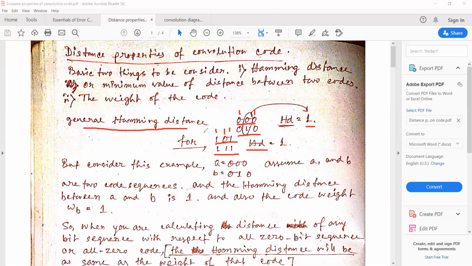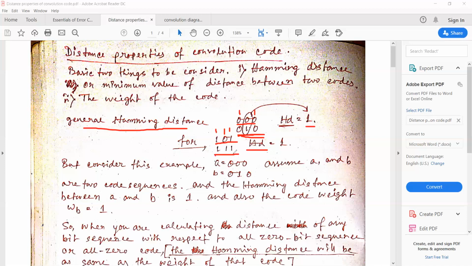Another basic thing is the weight of the code. You already know what the weight is. Weight basically stands for the number of ones present in one code sequence. You can take this example, 010. The number of ones is 1.